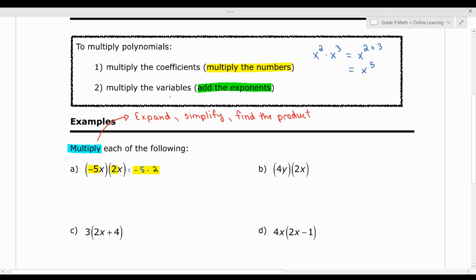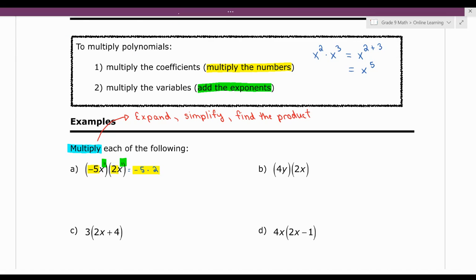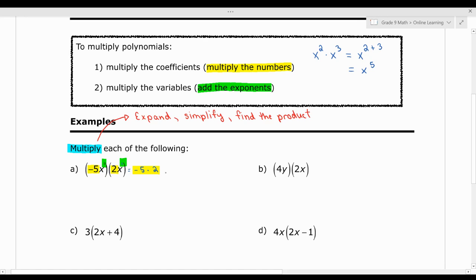Then I'm going to multiply the variables, but keep in mind, when I go x times x, it's like there's a 1 here and a 1 here, and remember, you would add your exponents. So I have x to the power of 1 plus 1, and then I can clean this up. Negative 5 times 2 is negative 10, and then I'd have x to the power of 1 plus 1, which is 2. This would be my final answer.